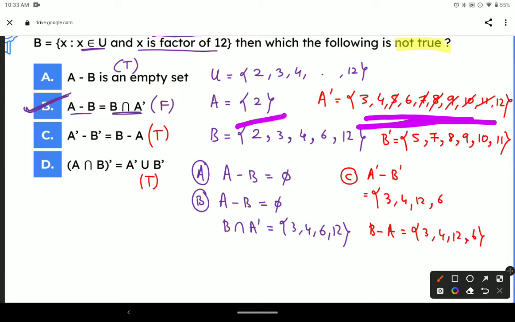B, where is B? B intersection A complement is 3, 4, 6, 12. Everything except 2 is present in this. So it's false. B intersection A complement results in 3, 4, 6, 12. So the second option is the correct option.